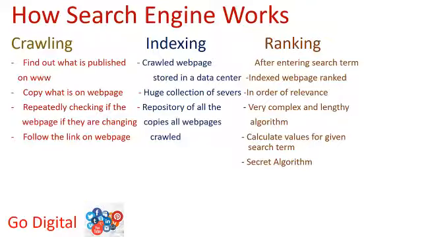It depends upon how other people think that your website is good for that particular term, and so on and so forth. That algorithm is very complex, very complicated, and Google keeps changing it every now and then. And that algorithm is also a secret, so people don't trick Google so that their website can come on top.